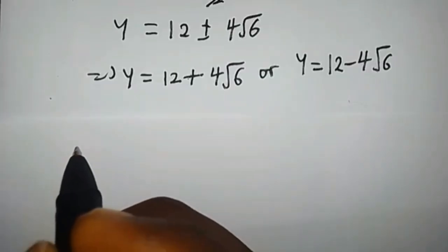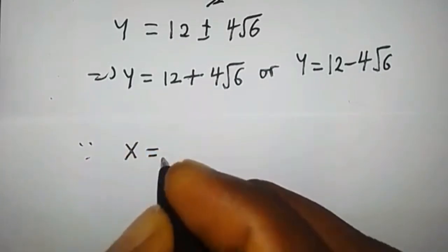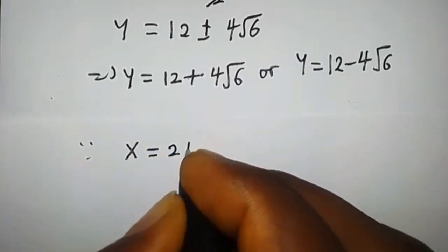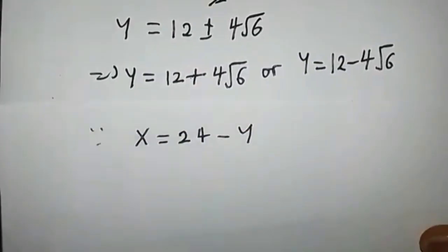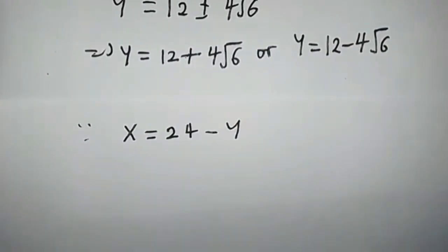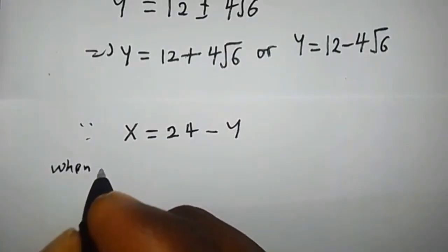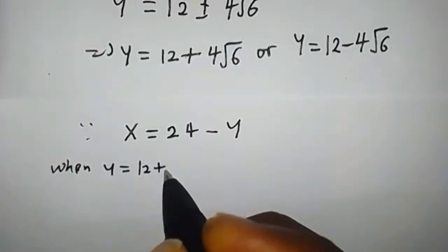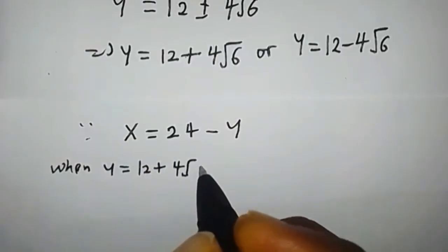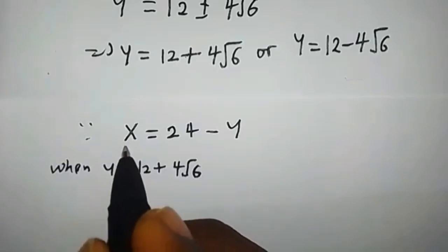So let us use these two values to obtain the value of x. Since we already know that x is equals to 24 minus y, consider this value of y first. When y is equals to this 12 plus 4 root 6, our aim is just to find x here.